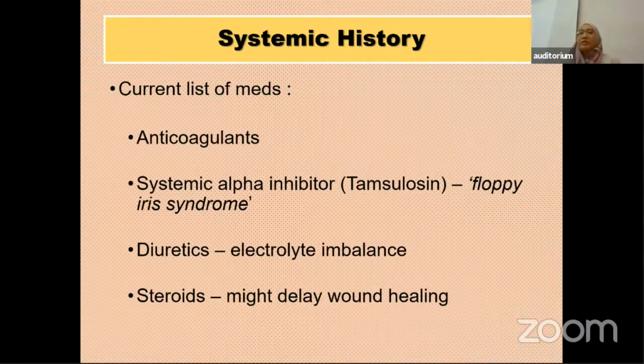Any history of the patient being on systemic alpha blockers such as tamsulosin that might cause floppy iris syndrome. Diuretics can cause electrolyte imbalance, and also steroids, prolonged steroid might delay the wound healing, especially if the patient underwent ECCE. So the wound is much larger compared to the phaco wound.